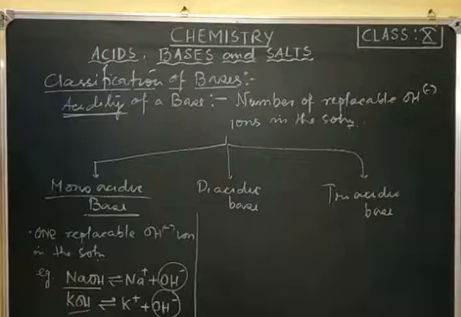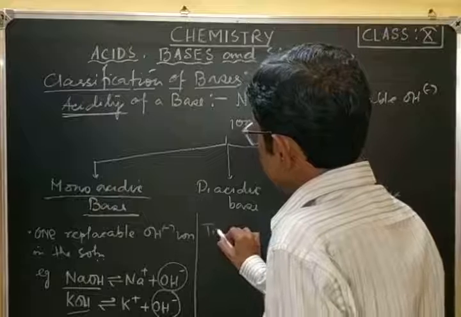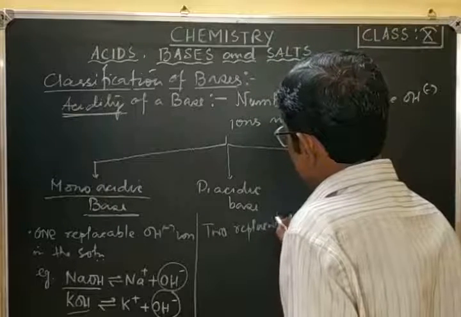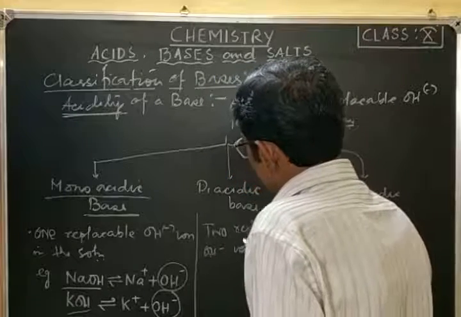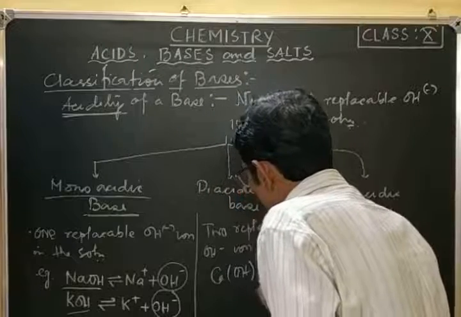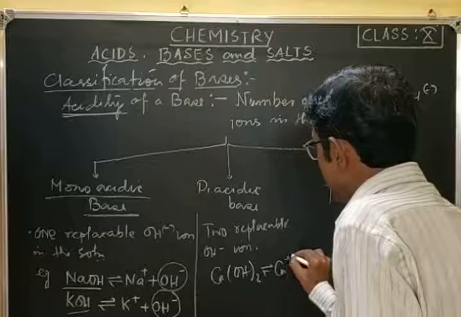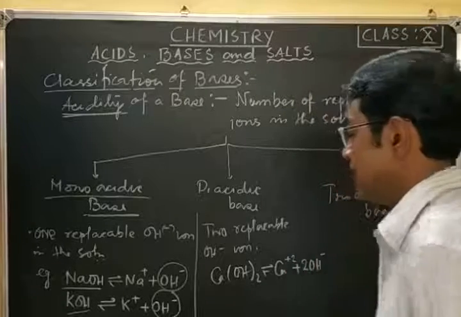Now comes diacidic base. This type of base has two replaceable OH minus ions. So you can easily write calcium hydroxide, Ca(OH)2. It dissociates into Ca 2 plus and 2 OH minus.